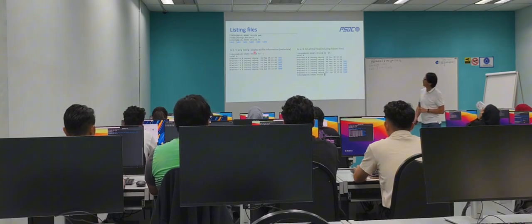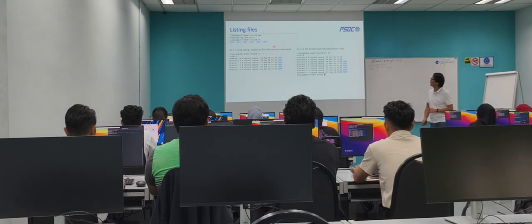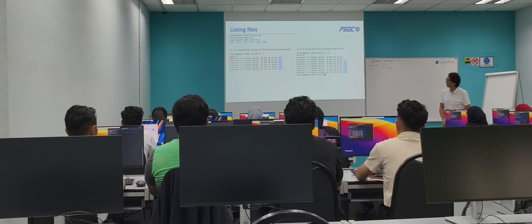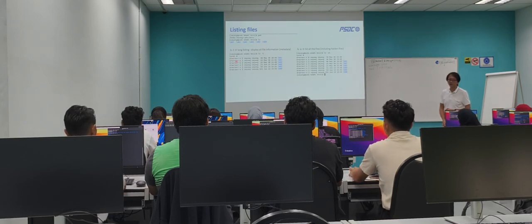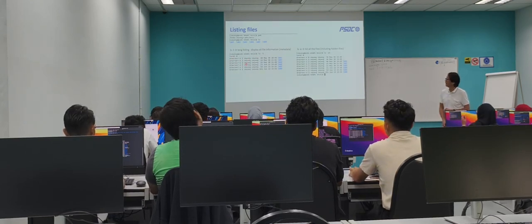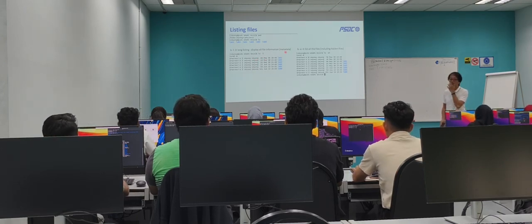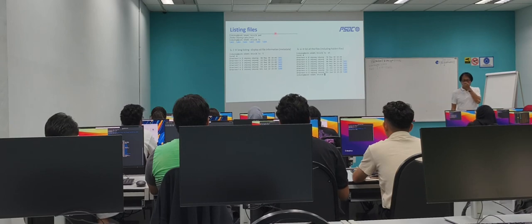So ls -l is a long listing. It displays all information. Here you can see the permissions, who owns it, what the group is, the date, and the file name or folder name.